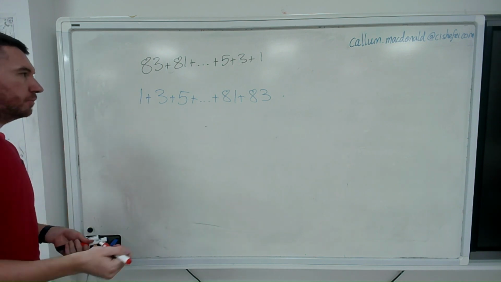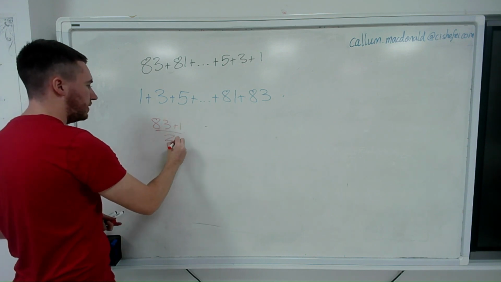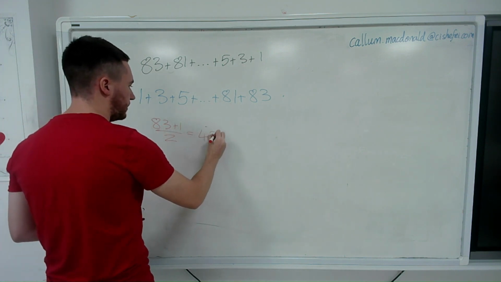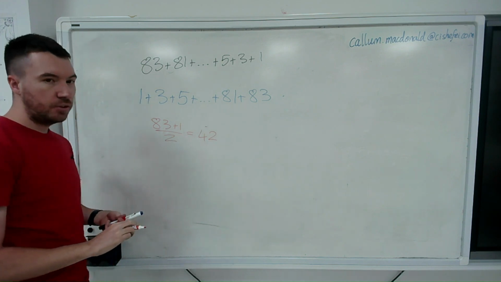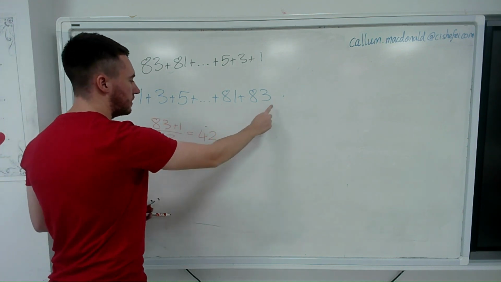And number of terms would be 83 plus 1 divided by 2, which is 42 terms. You can count them if you want to. There are 42 terms in the sequence.